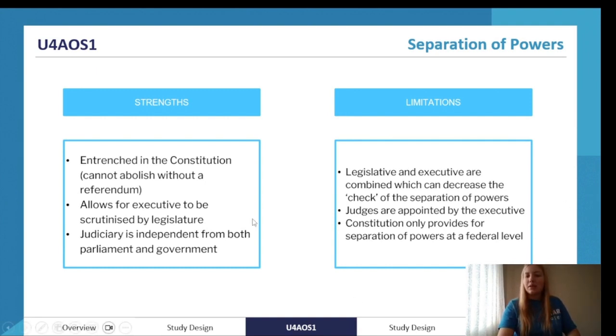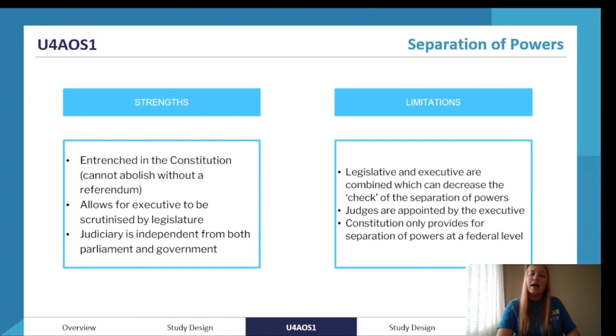Also, some other weaknesses, we already discussed the first one, but we said that judges are appointed by the executive, so by our governor general acting as a representative of the crown, and this can be not a good thing, I guess, if the governor general has some subconscious biases.